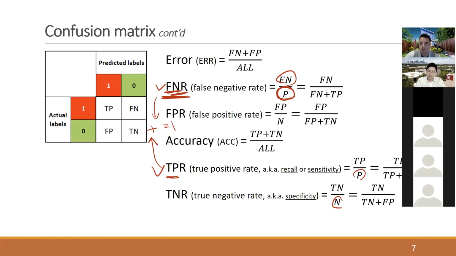So false negative rate and true positive rate are complementary. By the same logic, you will find that false positive rate and true negative rate are complementary as well. They share the same denominator. Their numerators are opposite to each other.